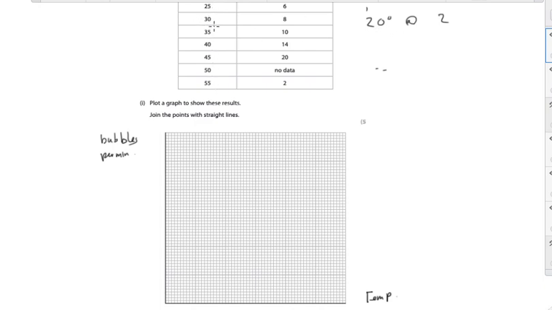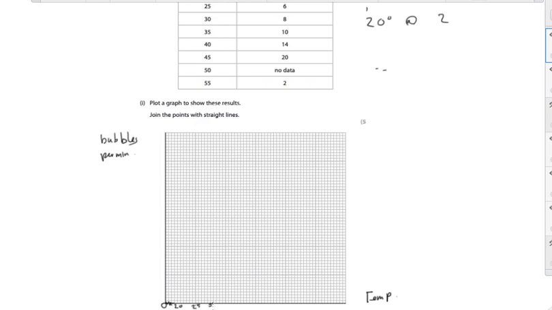It's going up in slots of 5. That's not going to work, so we would need to do different divisions. So we could do a thing where we're not starting at 0. We're going to start at 20.